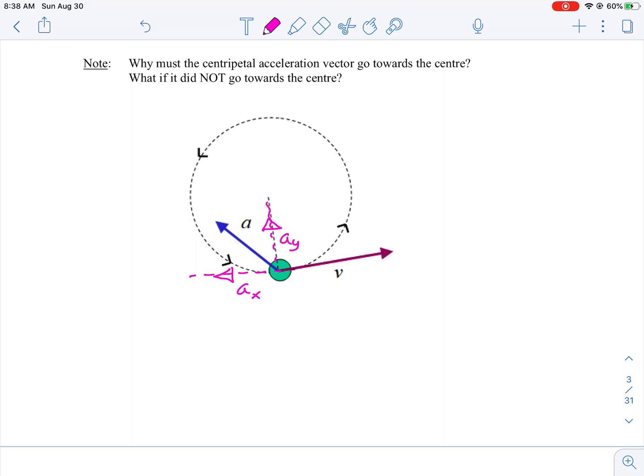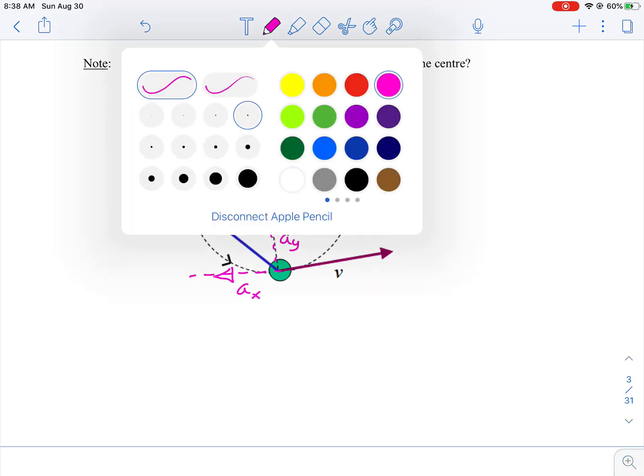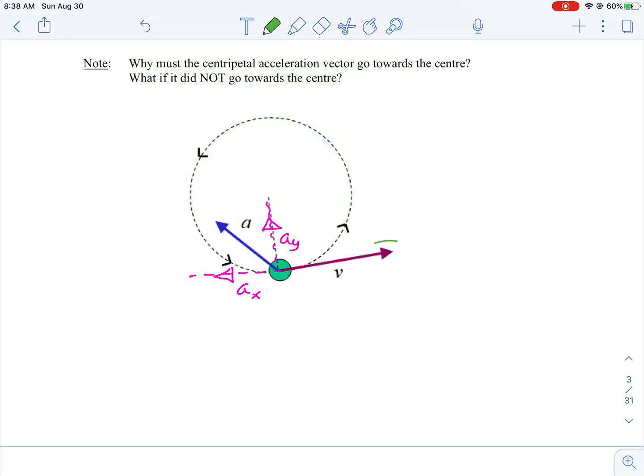And what you'll notice is, and I'm just going to highlight it for you here, can you see this part right here? You see how the acceleration is going opposite to the velocity? What happens when the acceleration goes opposite to the velocity? Answer, this would cause it to slow down.